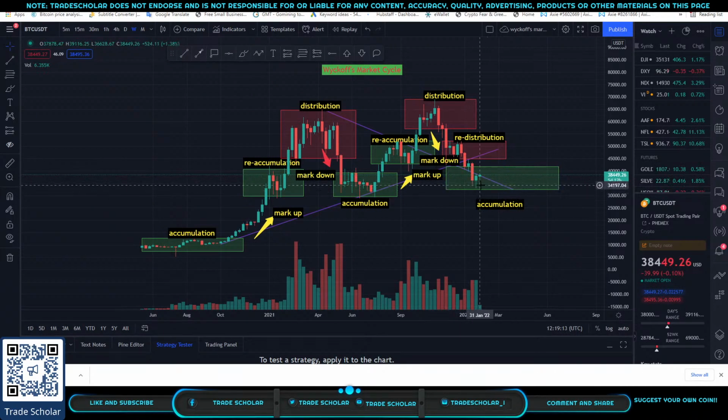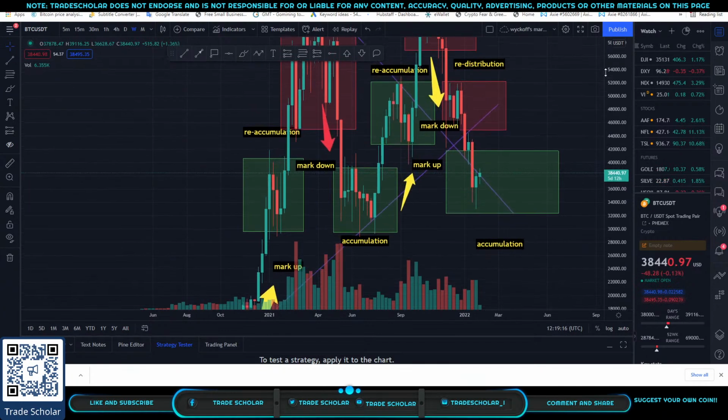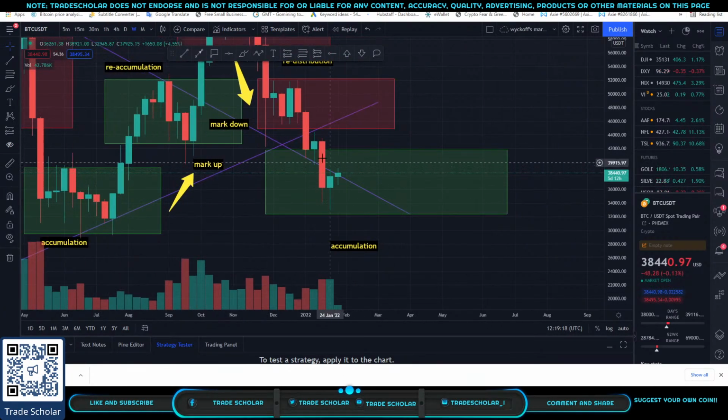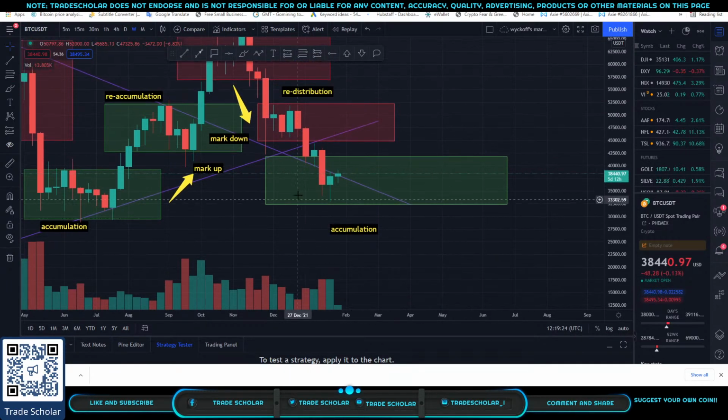If this is already our accumulation phase, we are already being supported. We broke out of our downward slope resistance. It's a strong support here. It bounced, it broke, we got rejected here, but now we are breaking this area. So right now we are going to rest here. This will be our resting area and our new support.